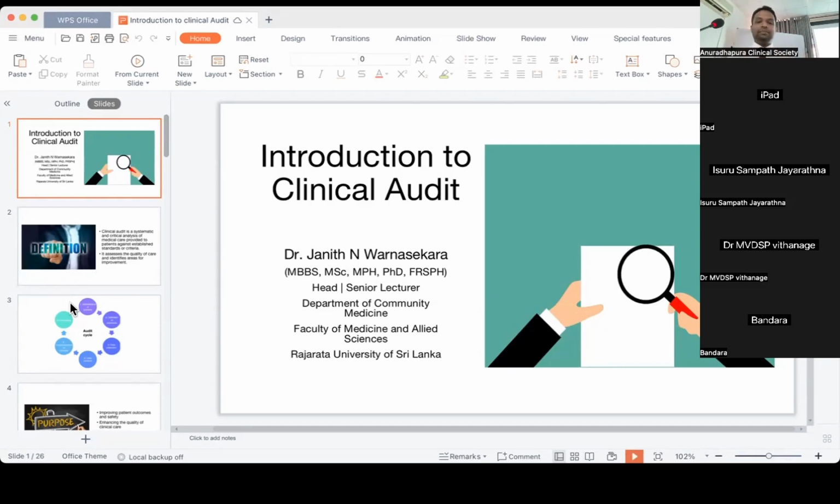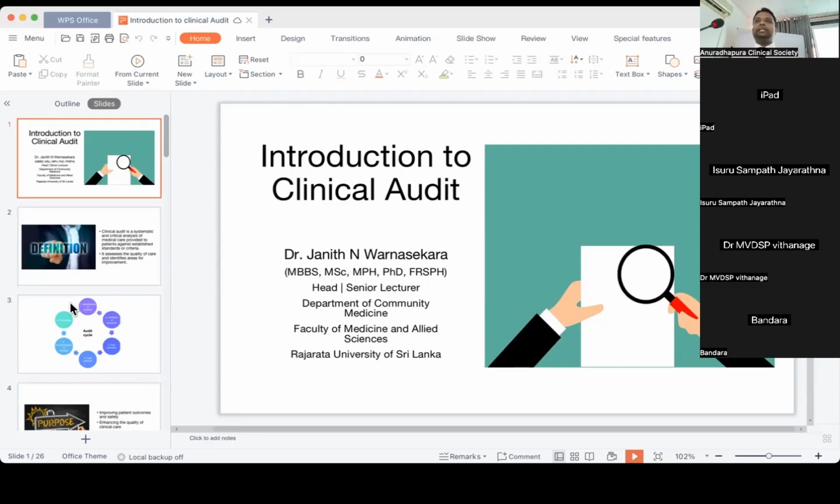So now the audit cycle, simply those theory things, I'm not going to highlight. There should be a problem. First thing, as I mentioned, it can be any problem in the hospital. Most probably it should be related to patient care, but it can be some other problem as well, right? Then you need to find out what the standards related to the standard ways of handling this problem are.